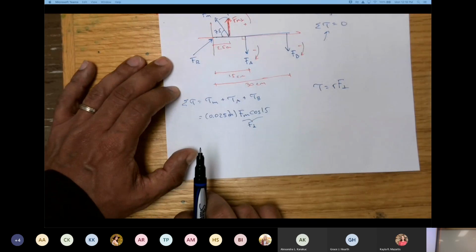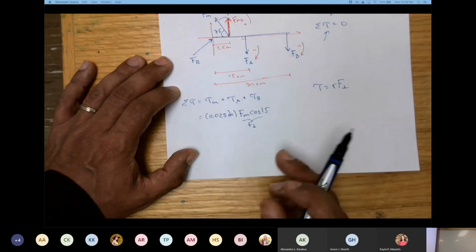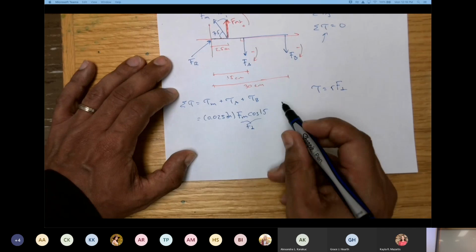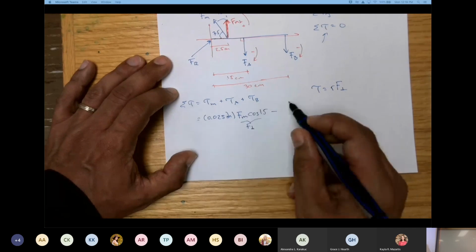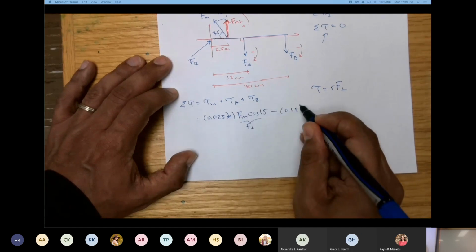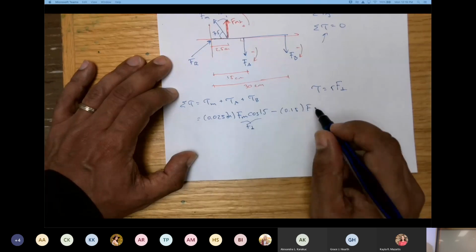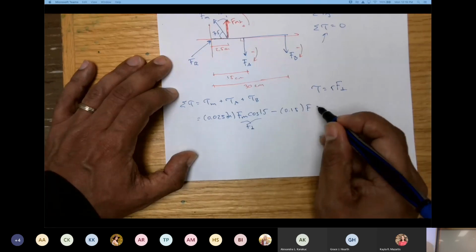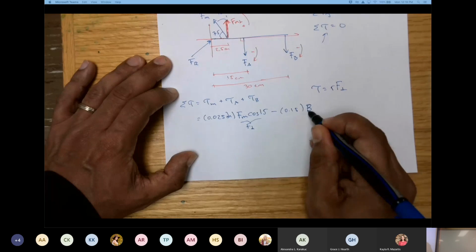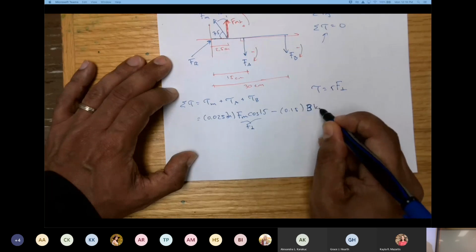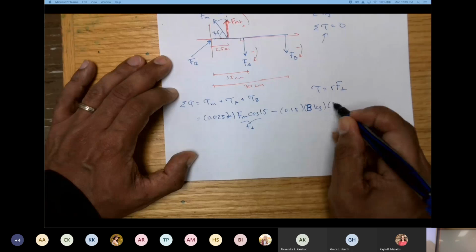Now, the other 2 torques are relatively easier. So we're going to have the distance, 0.115 meters, times the force of the arm, and that's going to be the weight, which we said was going to be 3 kilograms times 9.8.